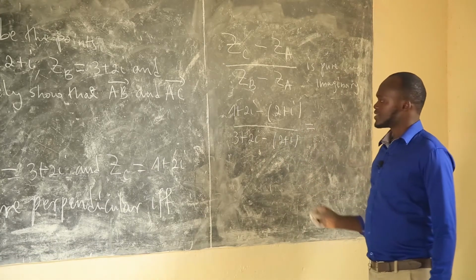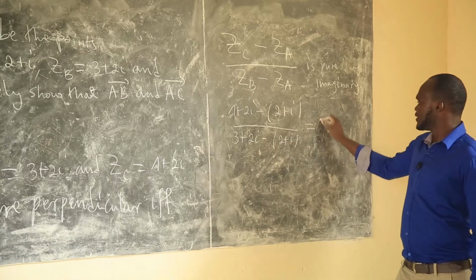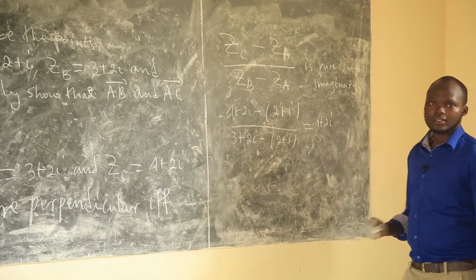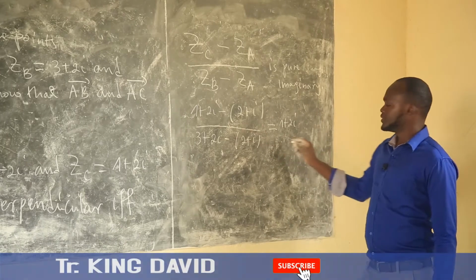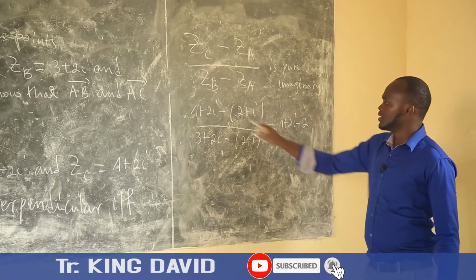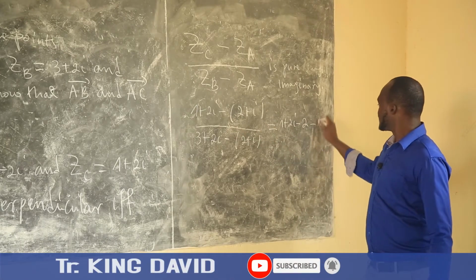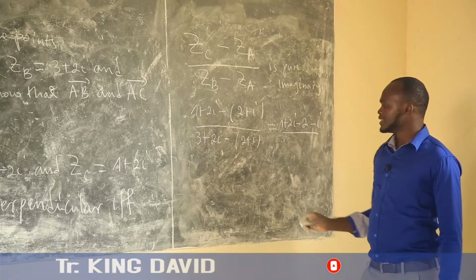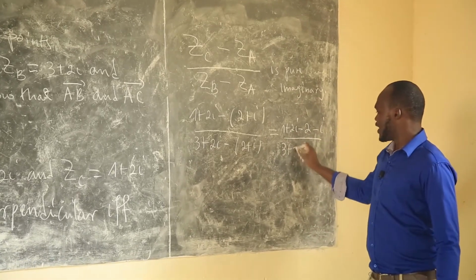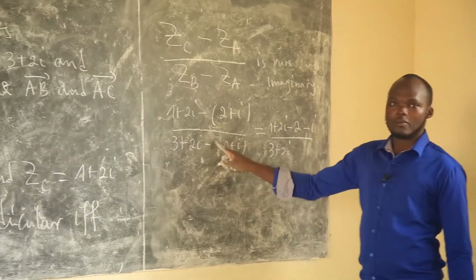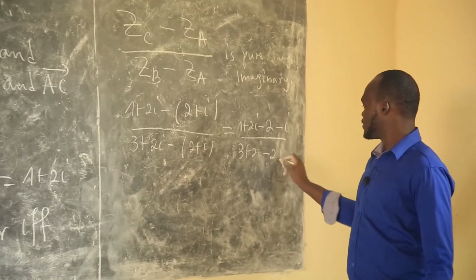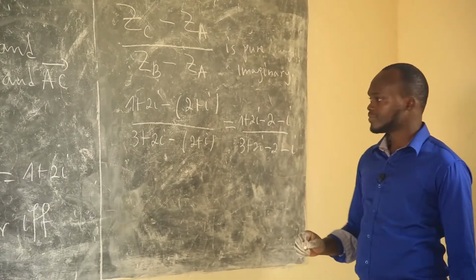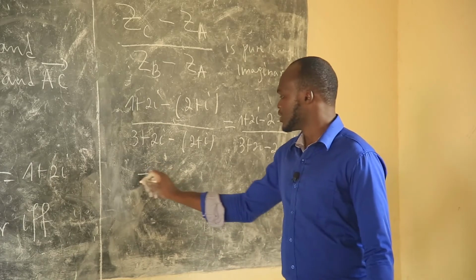The answer now is 1 plus 2i, then minus 2 minus i, divided by 3 plus 2i minus 2 minus i.